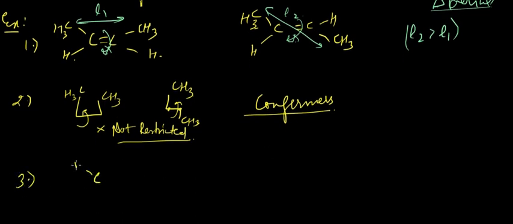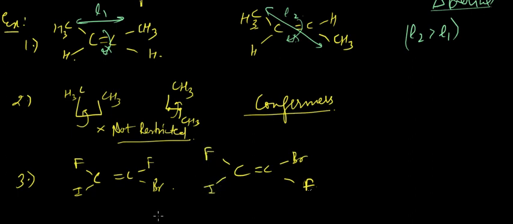Let us look at another example. We have here F, I, double bond, F and Br, and the geometrical isomer counterpart for it is Br, F and I. Here you can see that for the bulky group, the areal distance is changing.